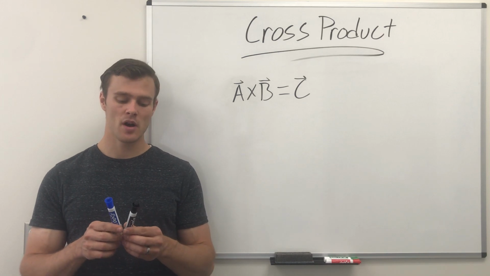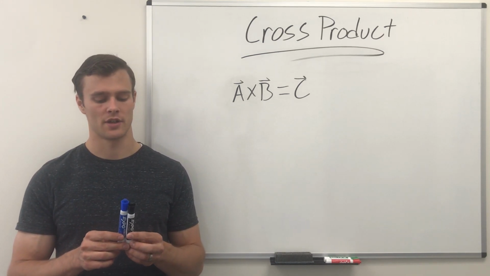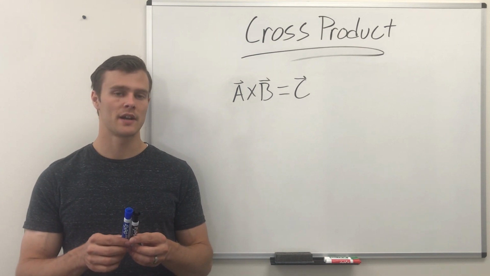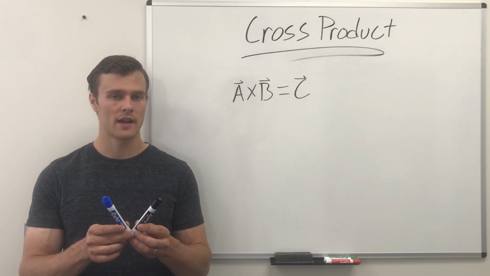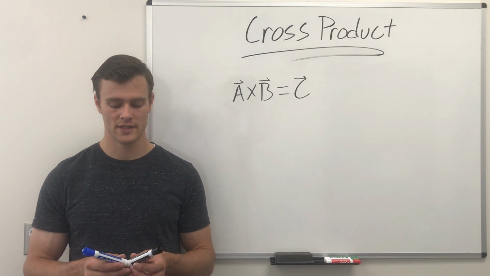And it's going to be at the smallest, at 0 in fact, if they are both parallel to each other. So the bigger the angle up to 90 degrees, the bigger the magnitude of vector C.